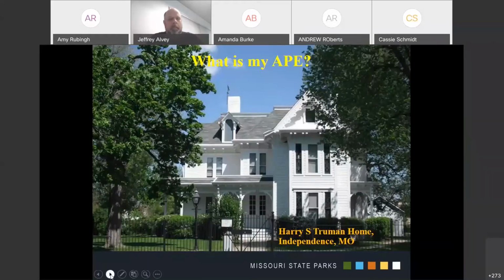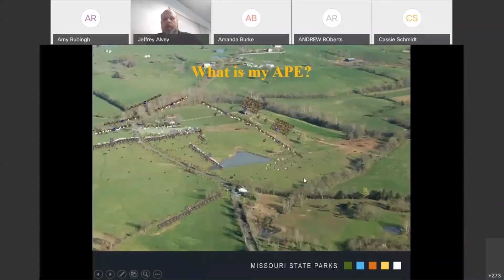So that's one example. One other, this is an image of a battlefield. Again, it's easy to think in terms of, if there was a water line that was going to cross through this battlefield, we can understand pretty clearly what the direct effects of that would be. We would have ground disturbance, we would be impacting this property. But what we might not think about is if a highway was being built nearby.